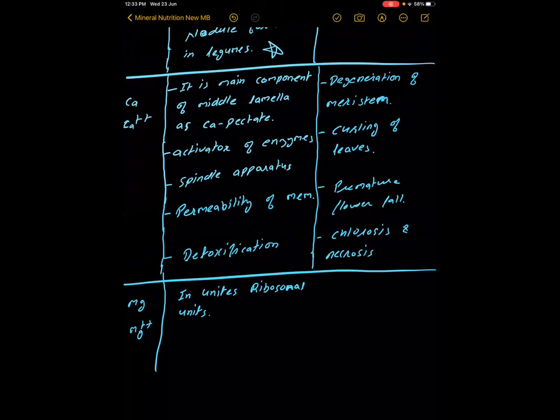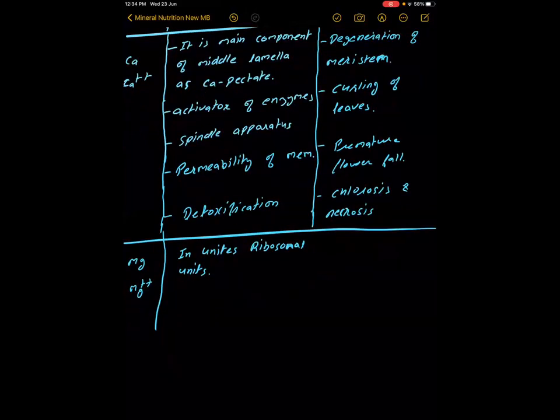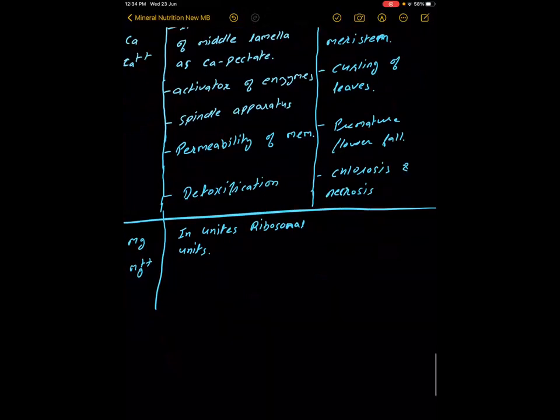Third is premature flower fall, called flower abscission; immature flowers fall down. Then chlorosis and necrosis. Necrosis is chlorosis plus death of the tissue. Next, magnesium. The role of magnesium: it unites ribosomal units.